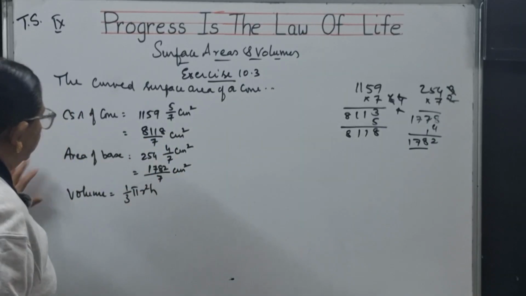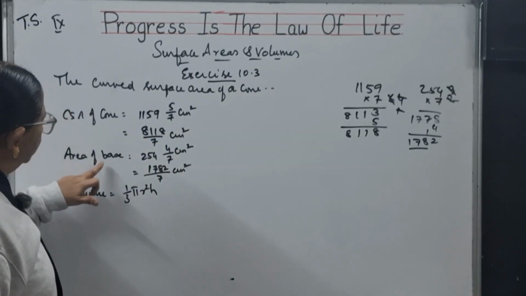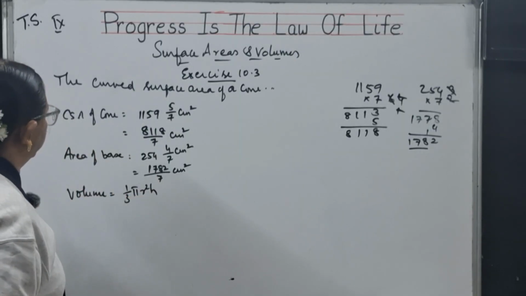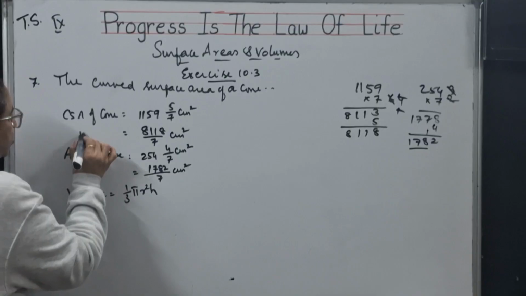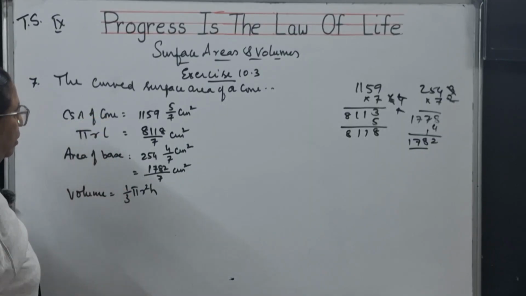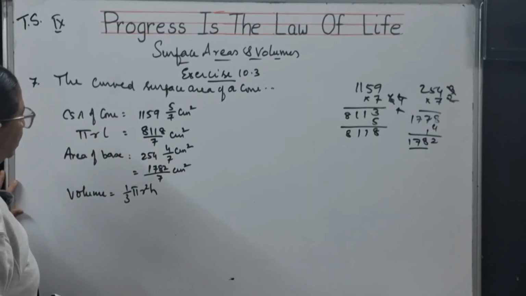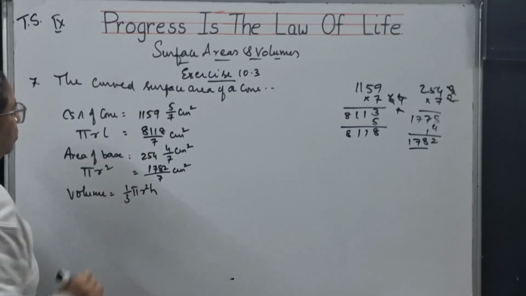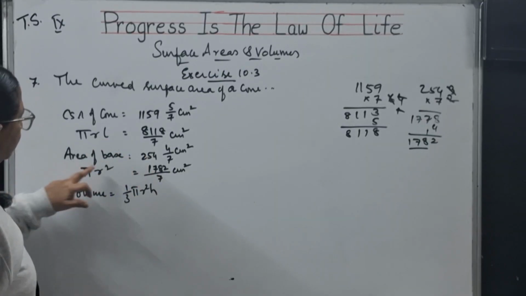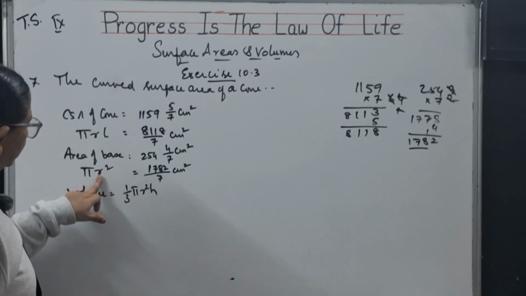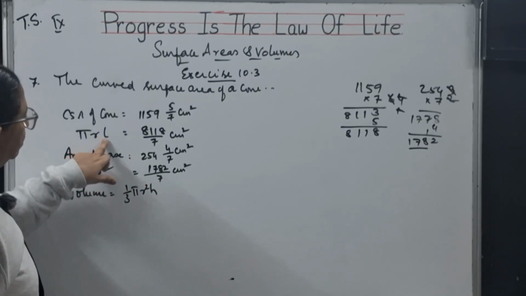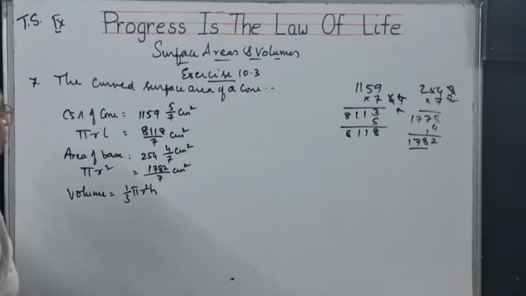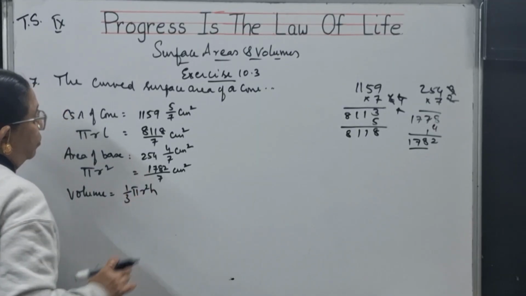In this you can find r with the base, but we don't know the height. The CSA of a cone has the formula pi r l, so with its help you can find L. The area of the base is pi r square, so with its help you can find the radius. And then by using the R and L values you have to find H.